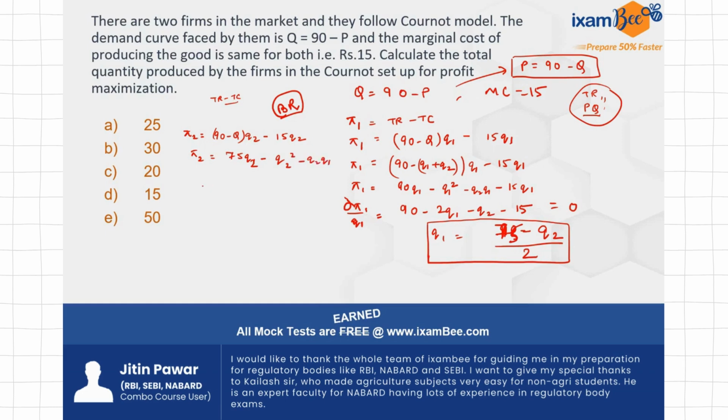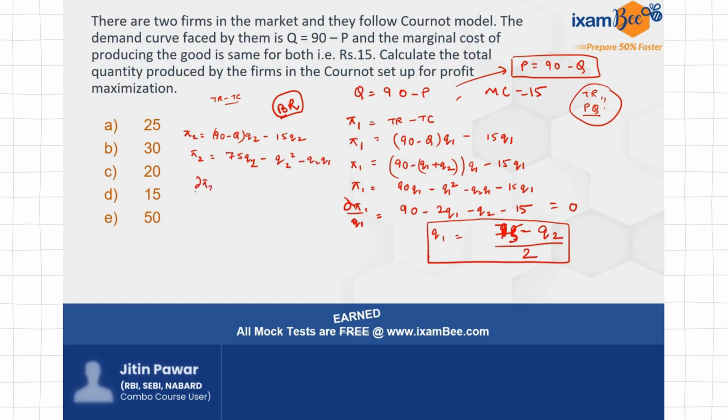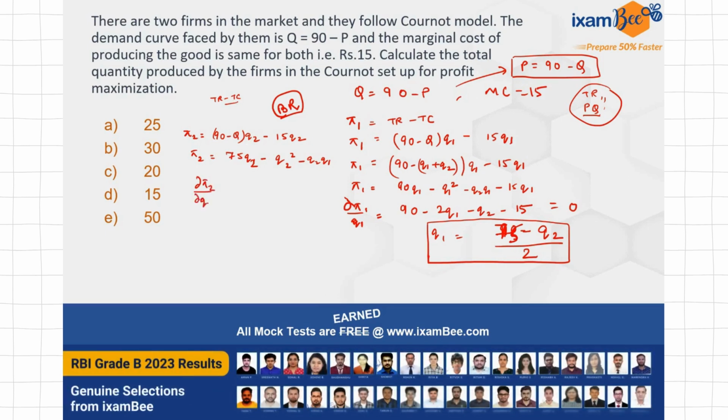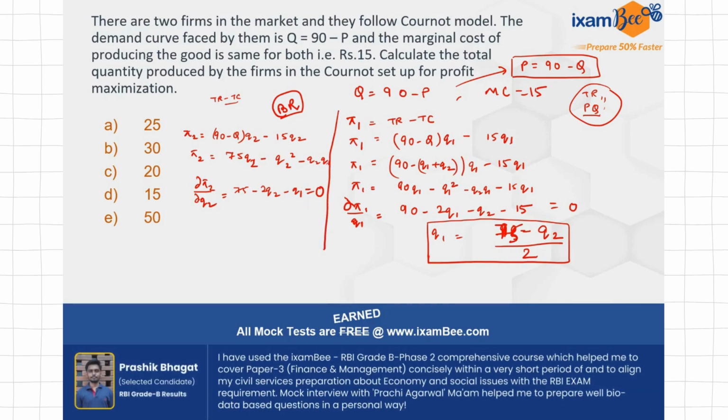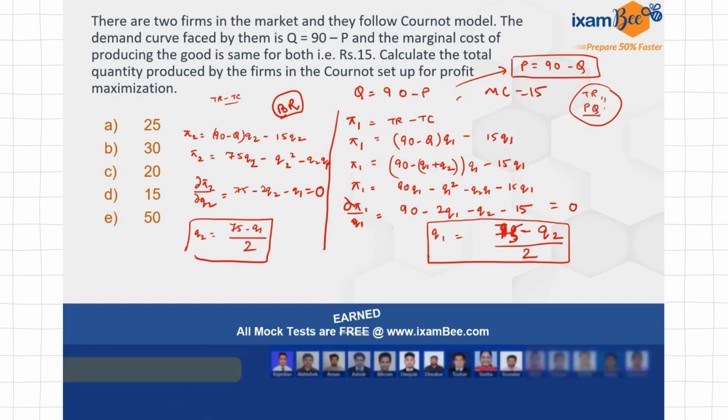Now you differentiate this with respect to Q2 and get 75 minus 2Q2 minus Q1. Equating this with 0, you get Q2 equals (75 minus Q1) divided by 2. So this is the best response function for firm 2.